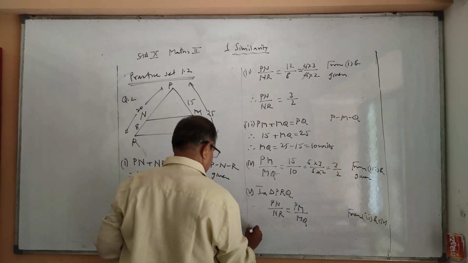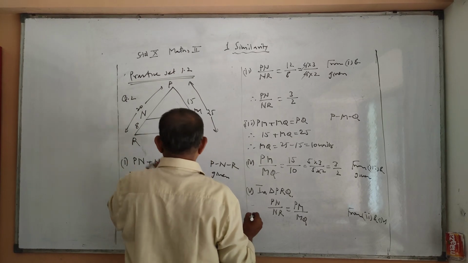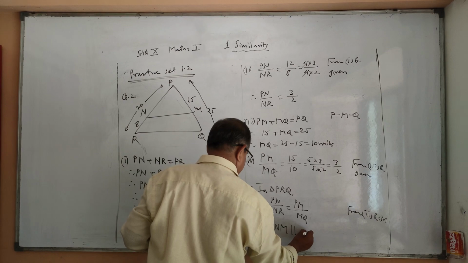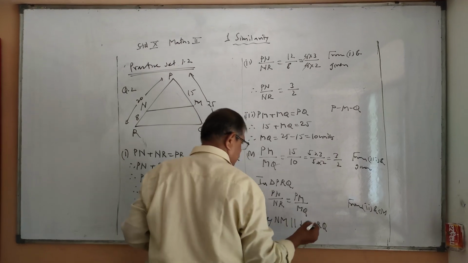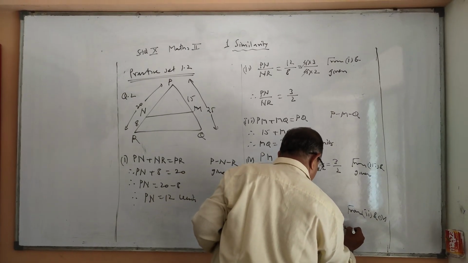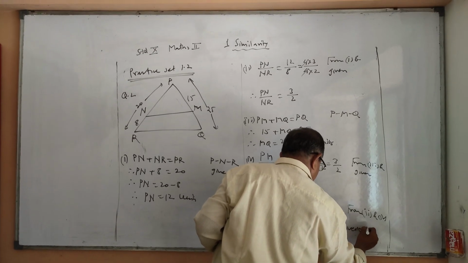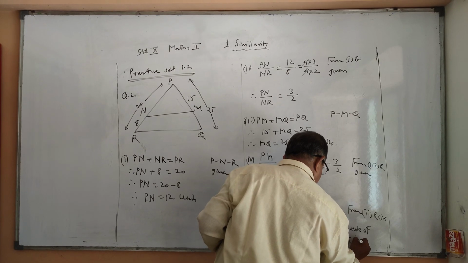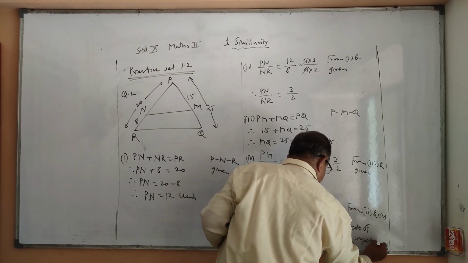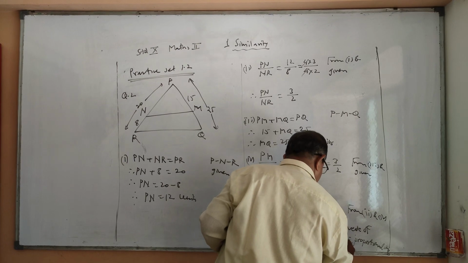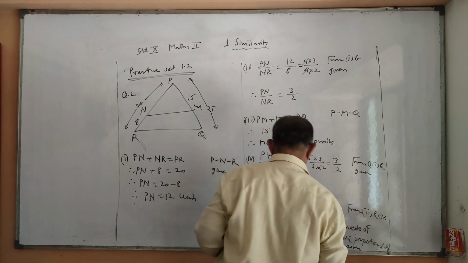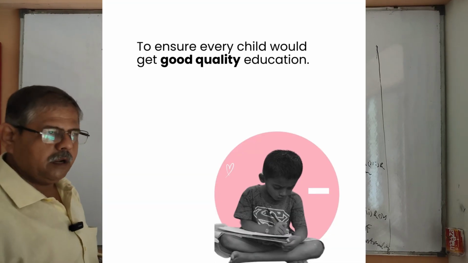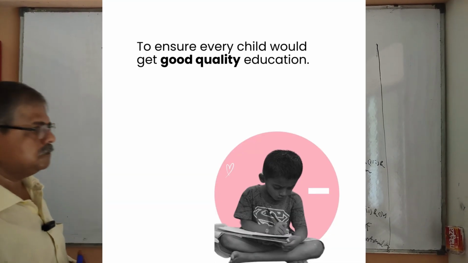And therefore I can say segment NM parallel to side RQ. Reason: converse of basic proportionality theorem. Okay, so this is the question based on basic proportionality theorem. Please copy it.